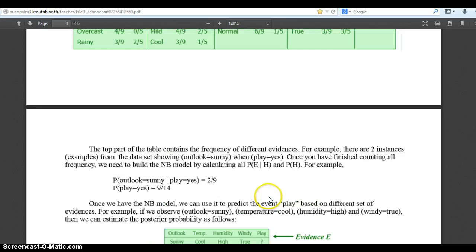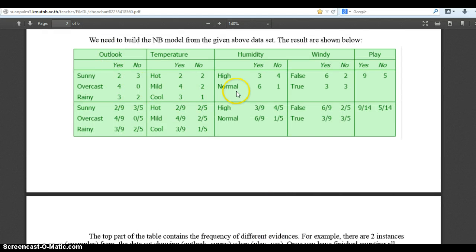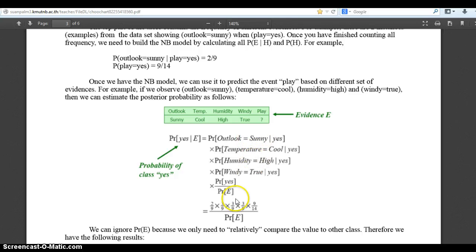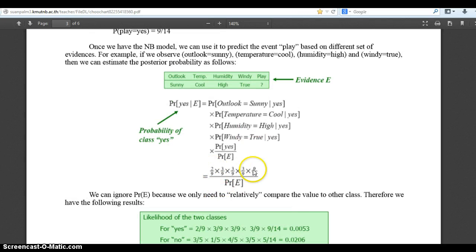So we use these values up here, these ratios, and we substitute all these, and we get this numerator up here. And this explains why we don't need to use that denominator, the evidence term. We ignore it because it's only relative compared to the values of other classes.